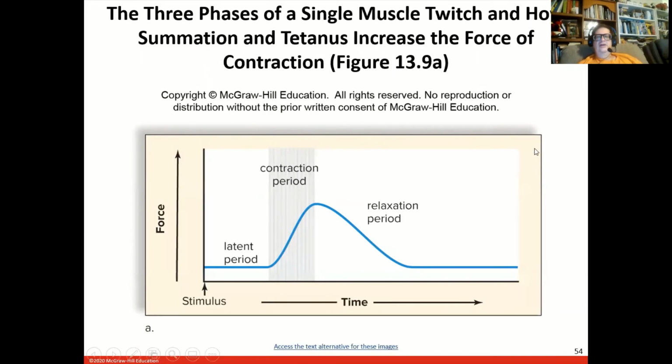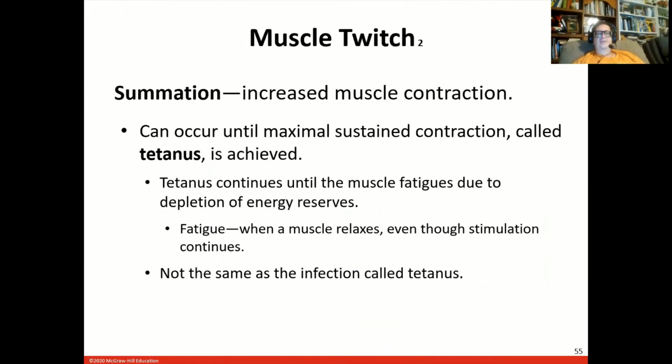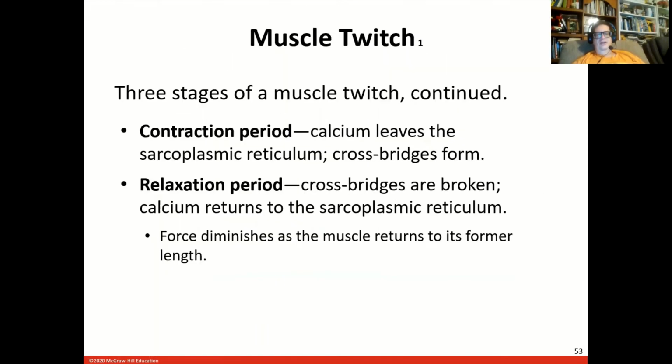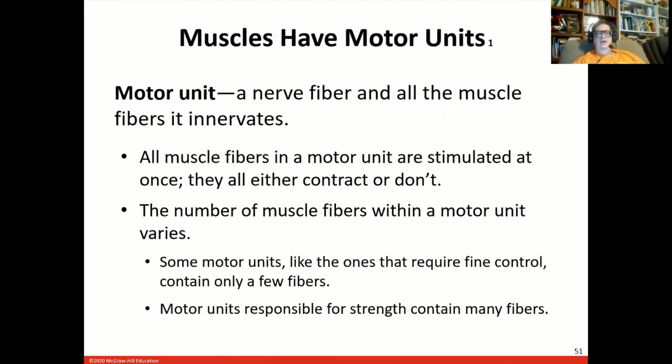Here they are showing in a muscle twitch how you have the latent period where the signal is spreading, the contraction period as the calcium is being used, and the relaxation period where you put everything back. Summation is when you have more muscle contraction. You might say, how? You said earlier they either all contract or they don't, all the fibers in a motor unit.